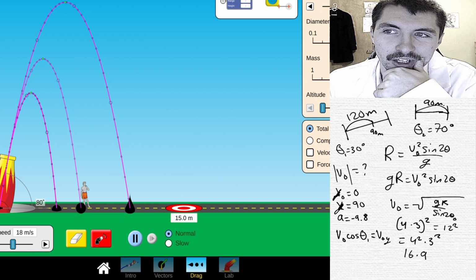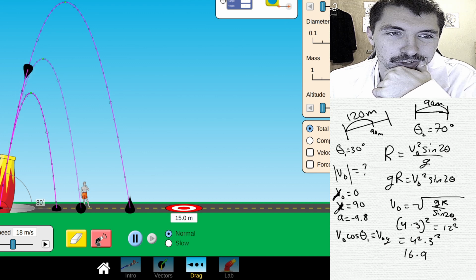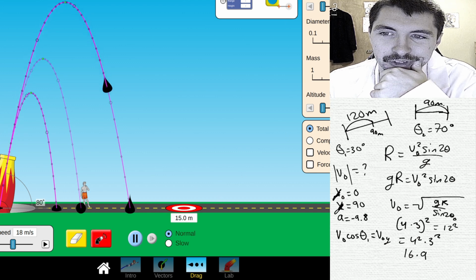So higher drag coefficient, whatever that is, makes it go farther.